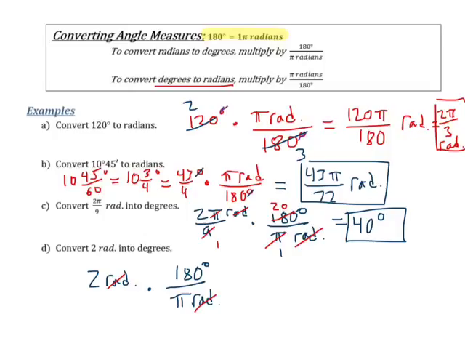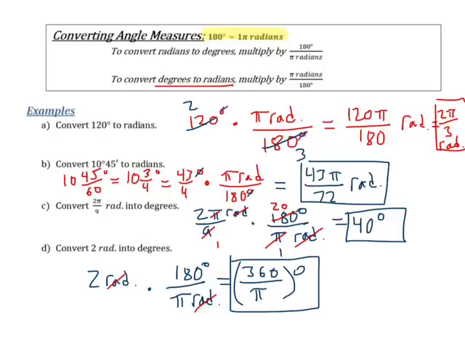Does anything cancel here? Do 2 and pi cancel? No, they don't. So the best we can say is go ahead and multiply this up. 2 times 180 is 360, and on bottom we have pi. So we have 360 over pi degrees. Maybe we'll put some parentheses around it.